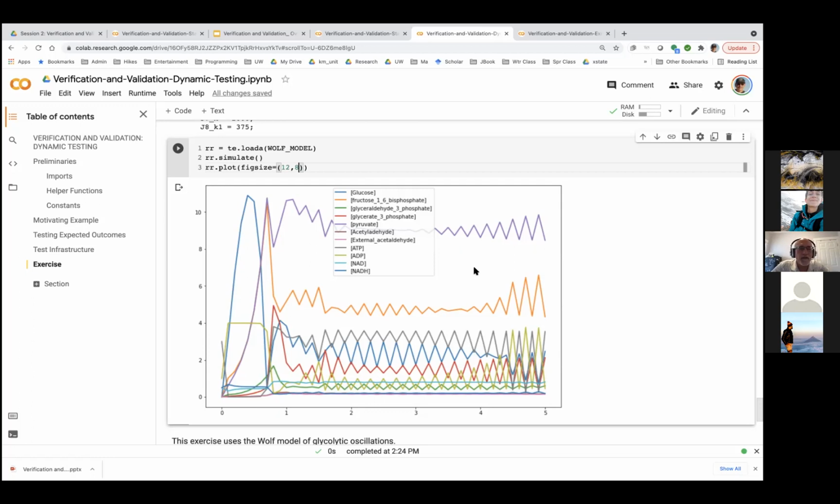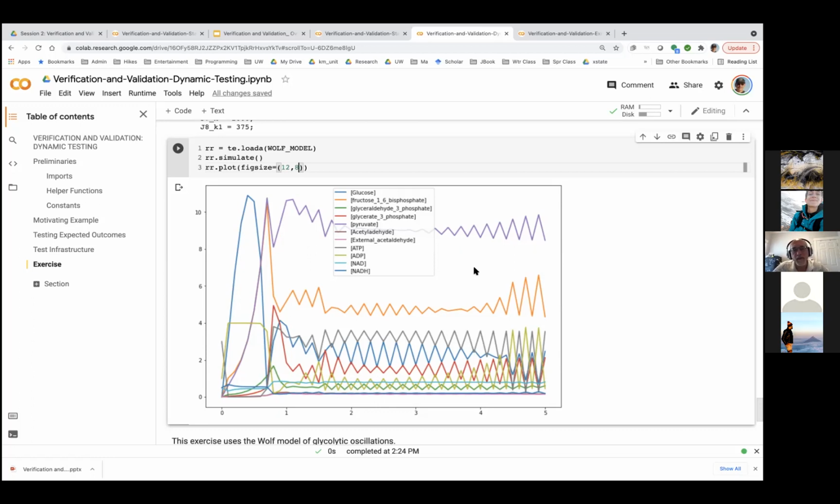Now when Herbert and I teach a computational biology class, we go through some detail. We actually do the example of making sure that the oscillations are present. I leave that as a third exercise. The reason why I don't here is it requires a little bit more mathematical and computational work, because you have to use a way of detecting oscillations.